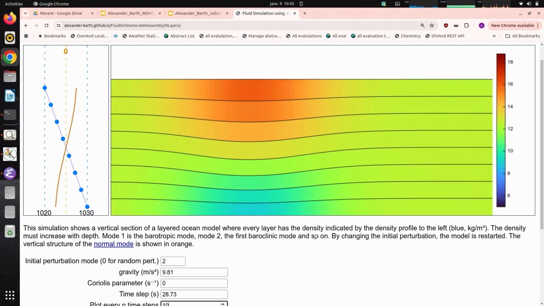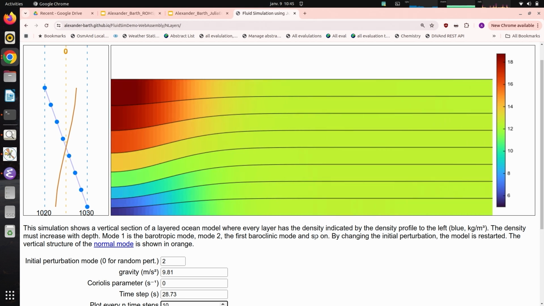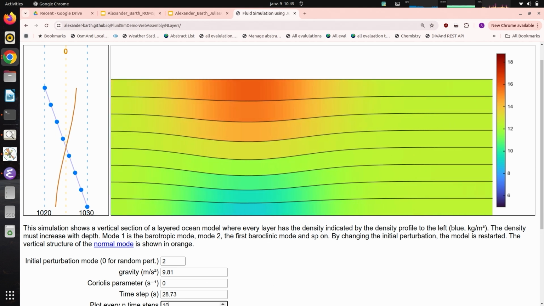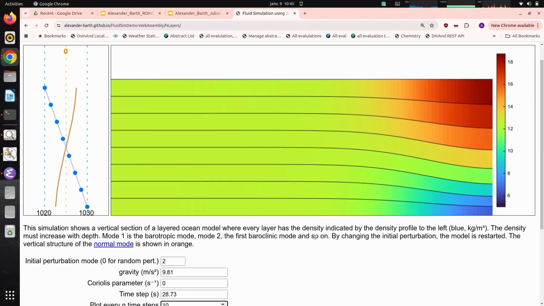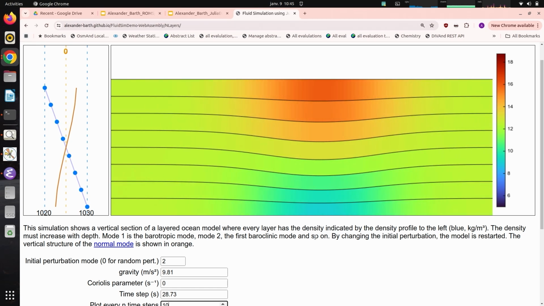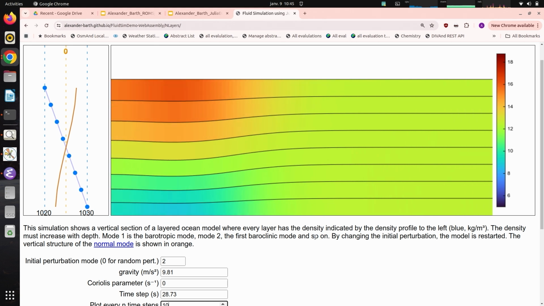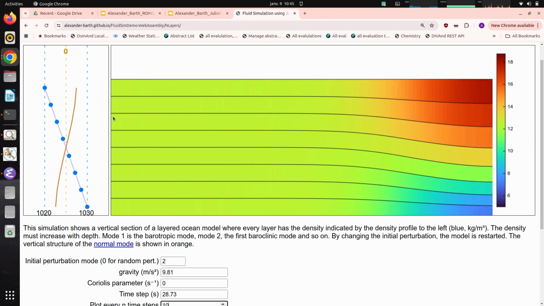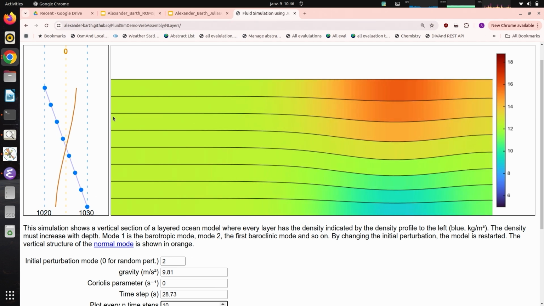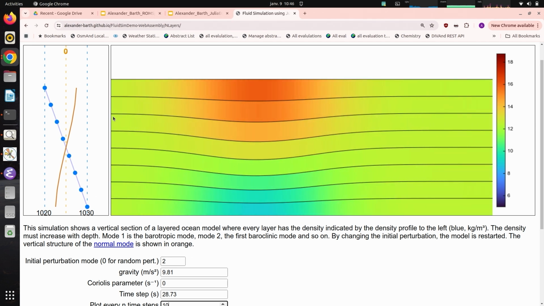So this is the typical vertical structure of the internal waves in the ocean. This is a cross section, so one dimension is the horizontal dimension, and the other is the vertical dimension. In order to compute this, you need to compute the eigenvectors of a matrix. And that was the reason why I tried to compile BLAS to WebAssembly, but it's really difficult. So I use a very simple scheme.